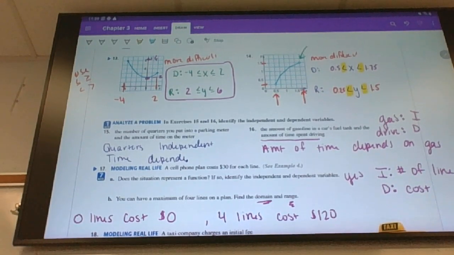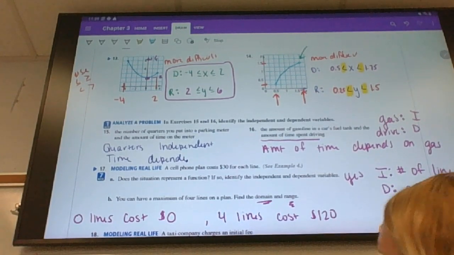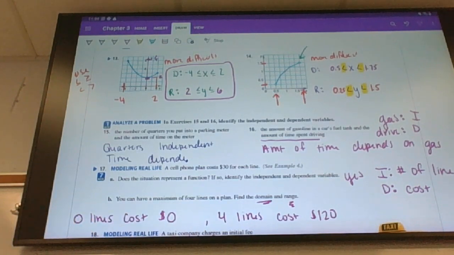So let's talk domain and range. Your domain is the number of lines. Your range is the amount of money you end up spending on the number of lines.